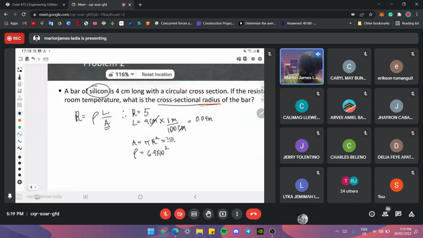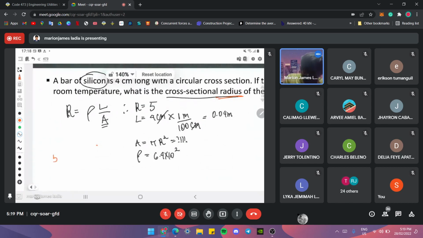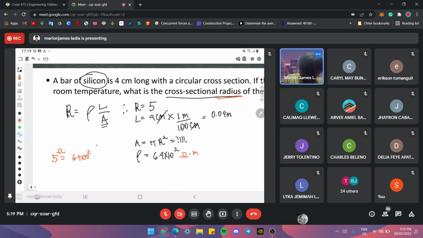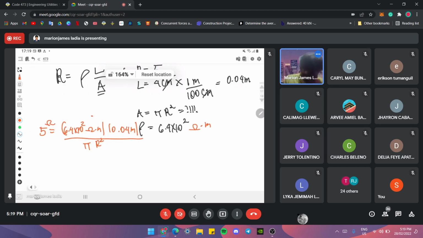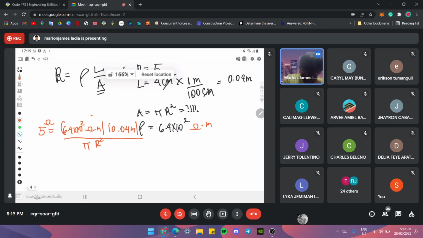So now we have everything. Right formula, no difficulty, right? So 5 ohms is equal to 6.4 multiplied by 10 raised to 2 ohm-meter multiplied by my length, 0.04 meter, divided by my area, which is pi r squared, since we need the radius. From here, we can cancel out our unit, ohm.